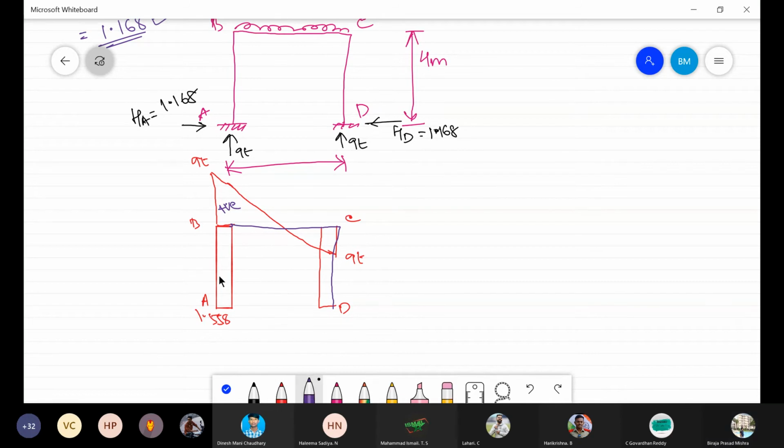This is negative, and this portion is also negative, whereas this portion over here is positive. And this one is also positive, as I said.